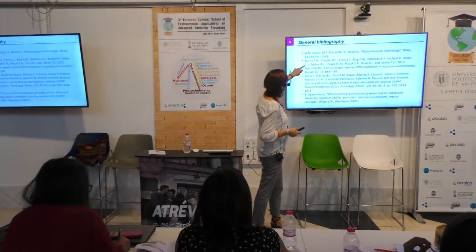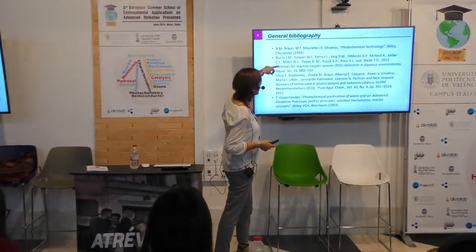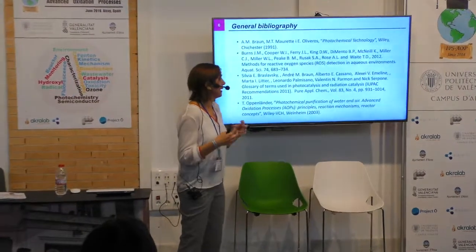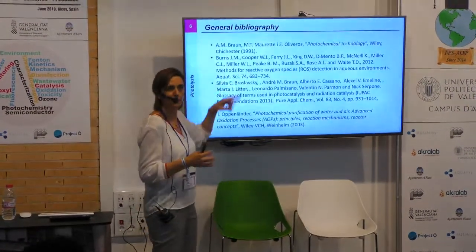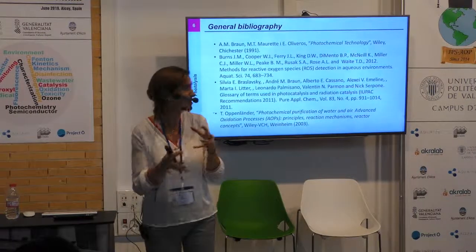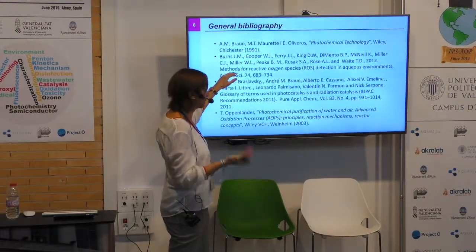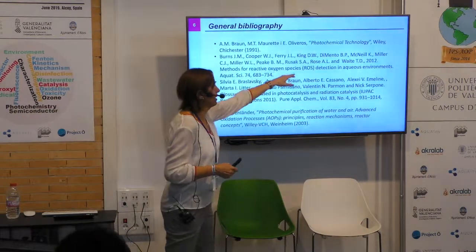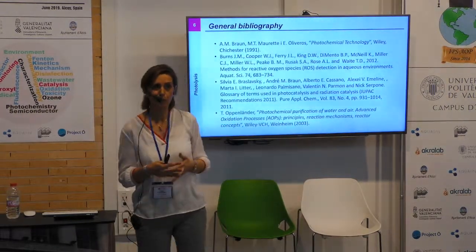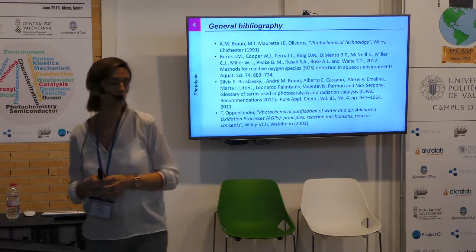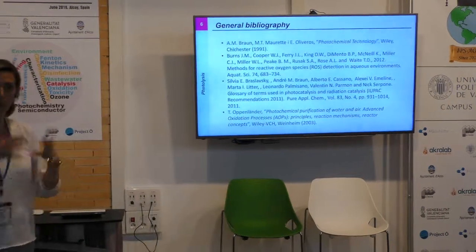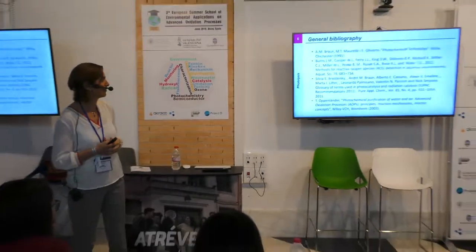And I include this paper here, that is a review about how to detect, if you want to know better what is happening in your system. They explain a lot of methods, direct and indirect methods, for ROS detection in aqueous systems. So I hope that will help you to amplify the knowledge of this talk.